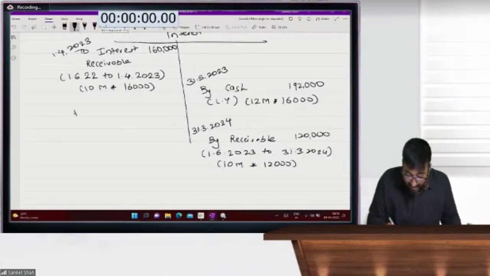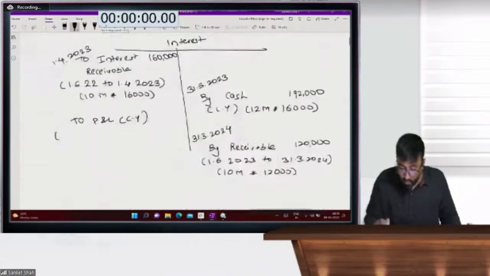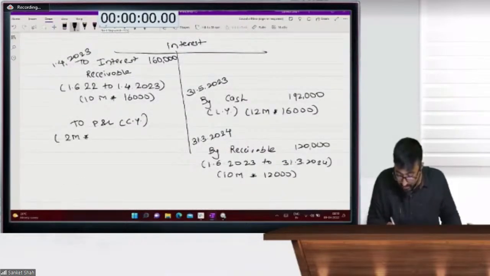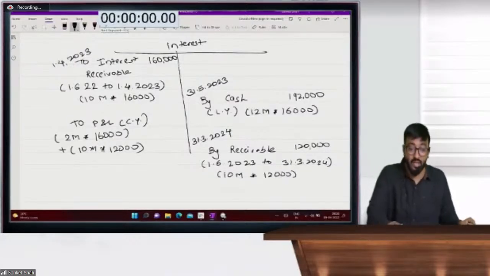And into P&L, this is the current year. So in the current year, 2 months into 16,000 plus 10 months into 12,000. These are really tricky questions. Practice it properly and it will help you improve your basics.